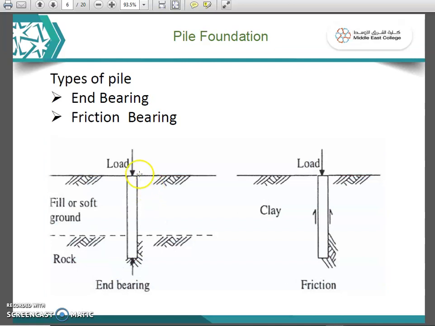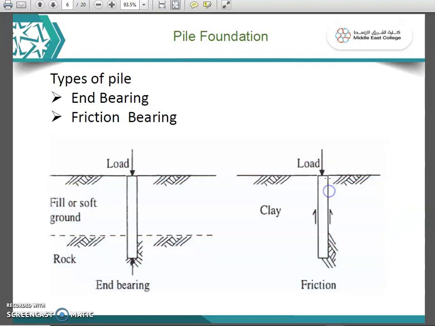So in this condition, when you go for an end bearing pile, you have to understand that the load is carried by the base, and the force will be carried over by the base. The same way, if you take the friction pile, the load is resisted by the friction of the material surrounded by the clay.